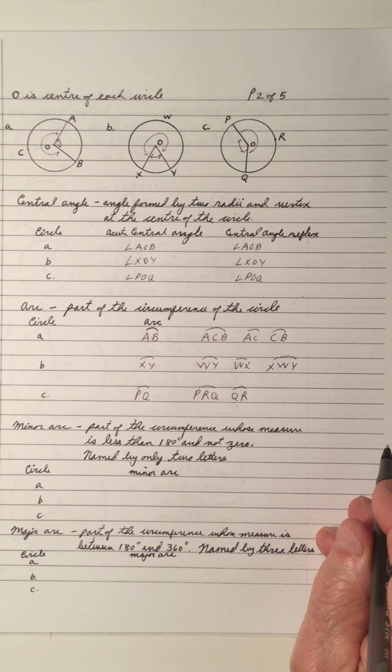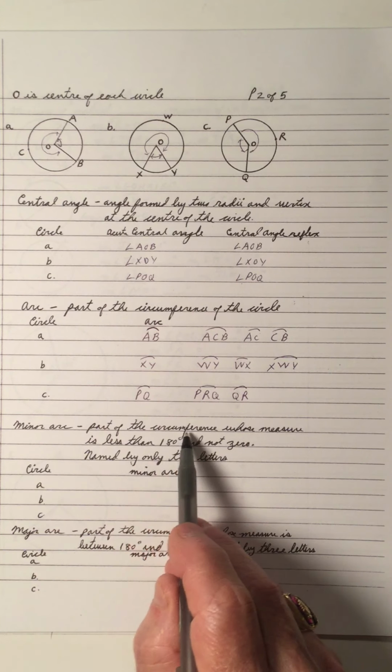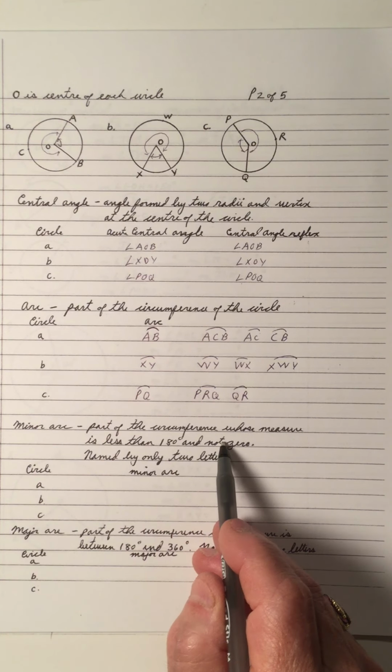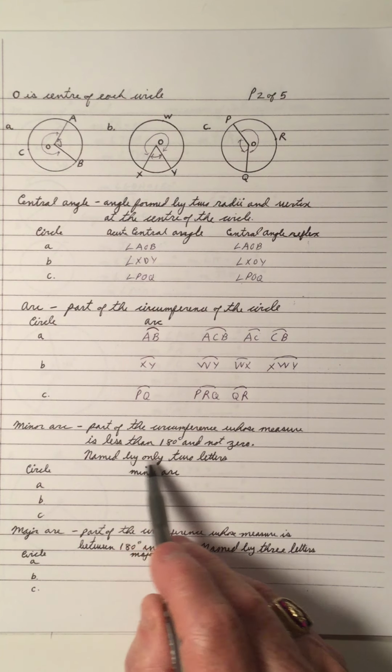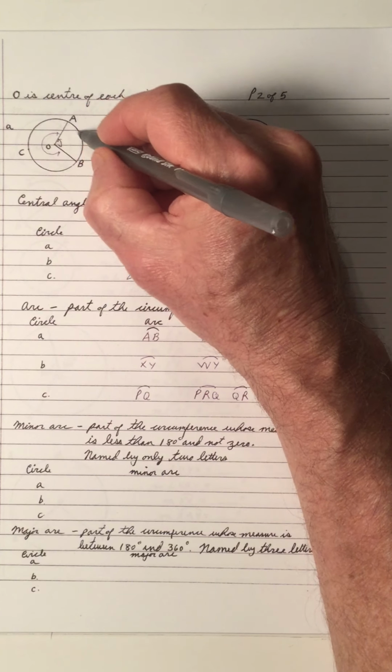But of all the ones we named, the arcs can be named as minor or major. A minor arc is part of the circumference whose measure is less than 180 but not 0. And you only name a minor arc with two letters. So in circle A, the minor arc is AB.